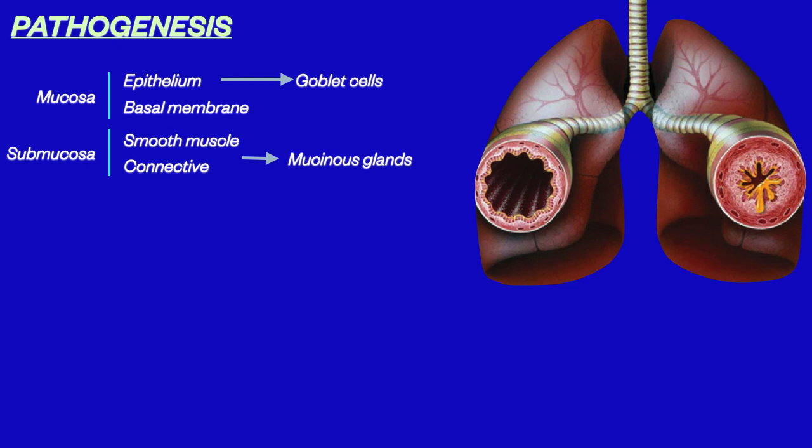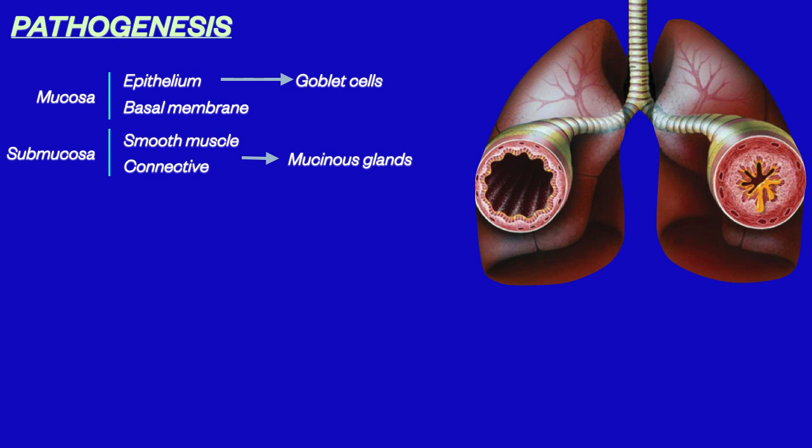Going deeper past that layer, you've got the basement membrane and loose connective tissue, which is called the lamina propria, which together with the epithelium makes up the mucosa. Beyond the mucosa, there is smooth muscle followed by more connective tissue, and together these two layers make up the submucosa, and this is where the bronchial mucinous glands live.